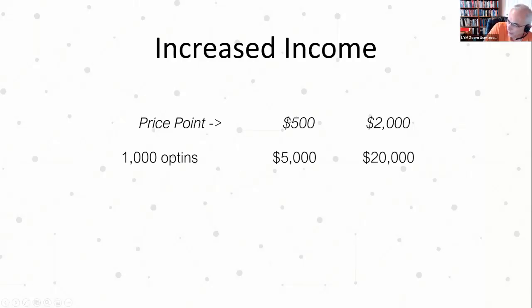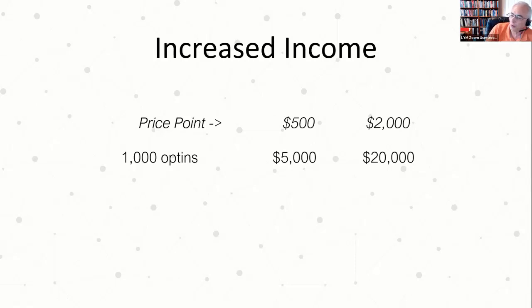If your price point was 500, can I ask one quick question? Is that 1% for a single offer or 1% over the lifetime of that person? For a single offer. Thank you for asking that, Michelle. This is 1% for that single offer. I'm just using round numbers to make it easy.